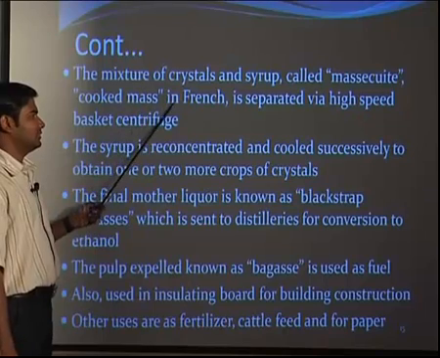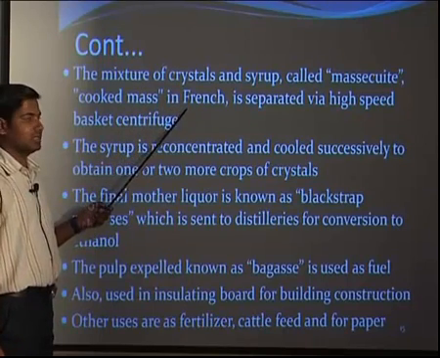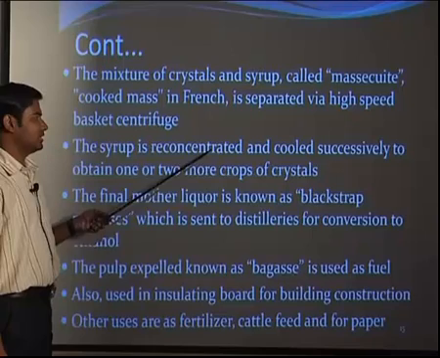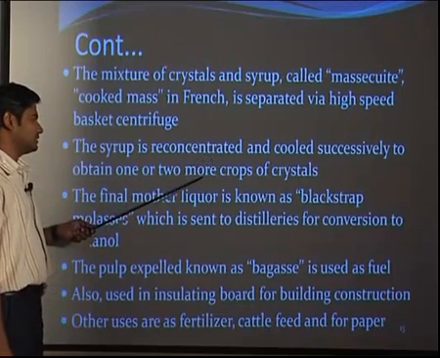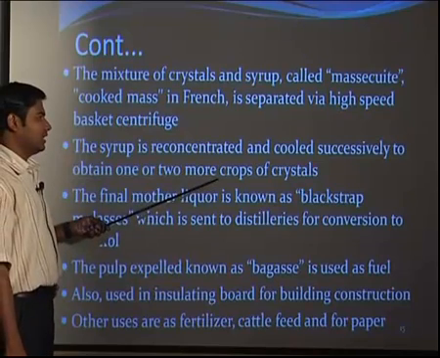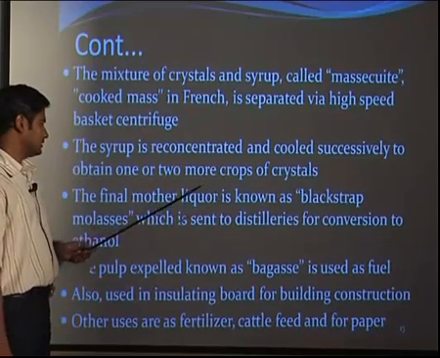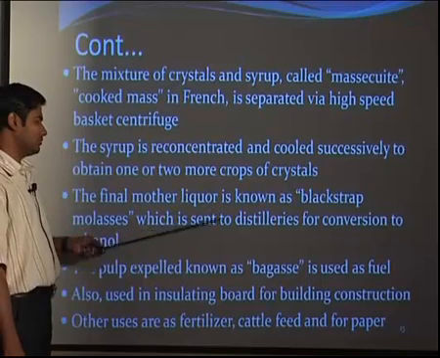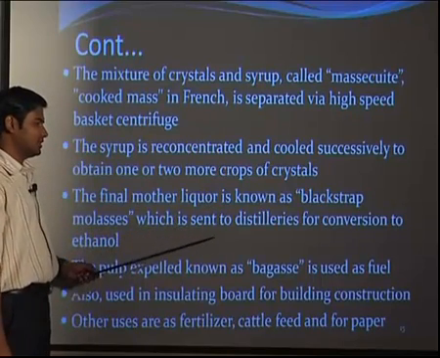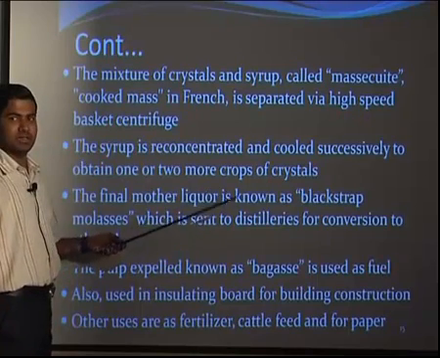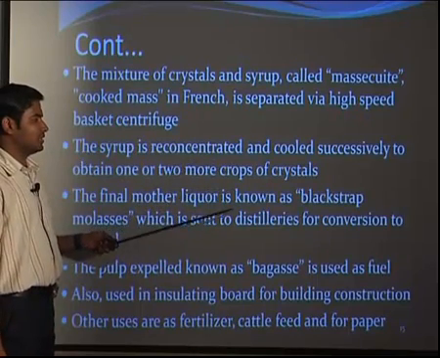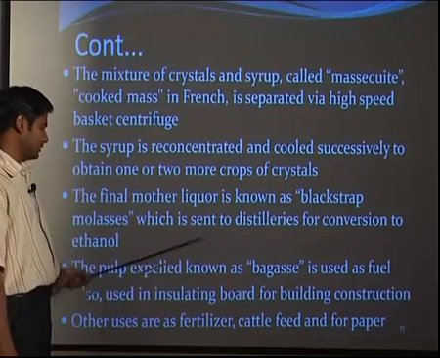So after removing the first batch of crystals, we can further reconcentrate the remaining syrup and cool it so that crystals appear, and we can have 2 or more crops of crystals. The final mother liquor is known as blackstrap molasses, which is sent to distilleries for conversion to ethanol. So the remaining mother liquor, after getting the sugar crystals, can be sent for ethanol production.